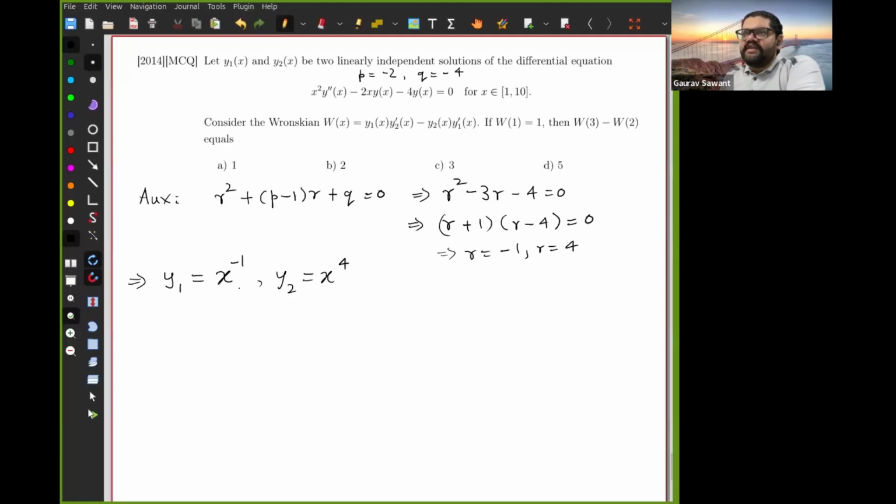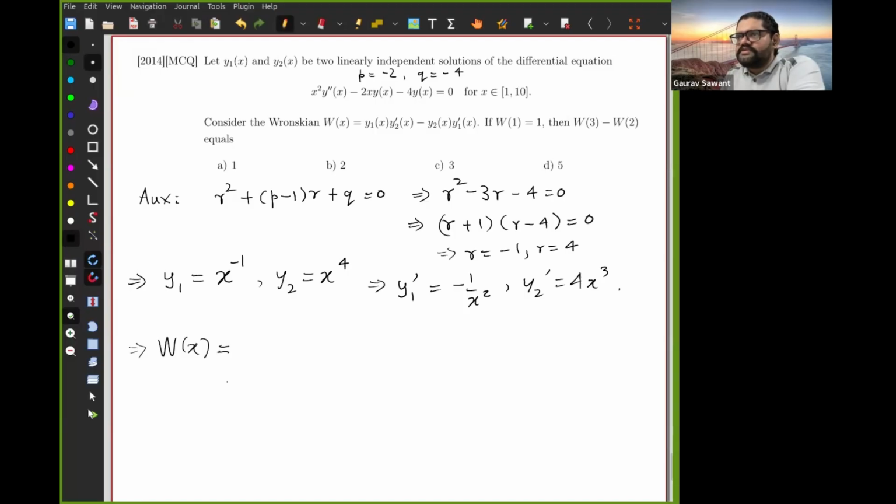But I just kept the linearly independent solutions because the question is actually talking about Wronskian. Okay. So let's just see. Y1 dash is equal to -1 over x square and y2 dash is equal to 4x cube.